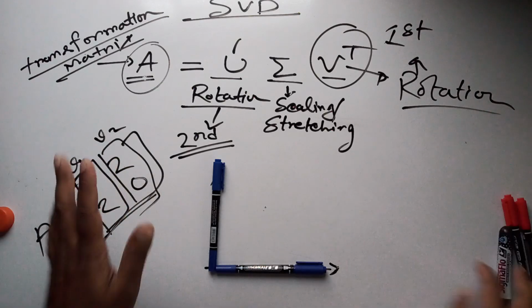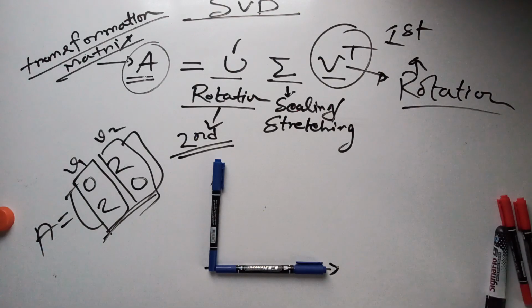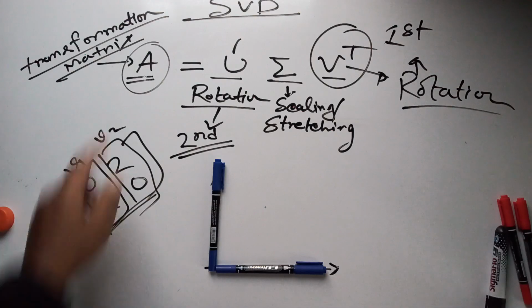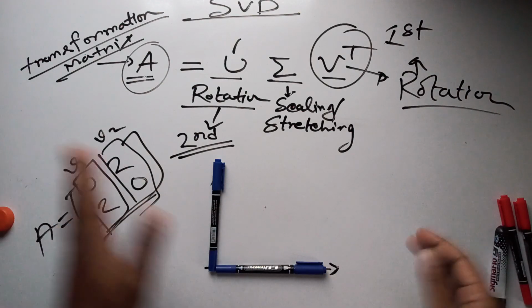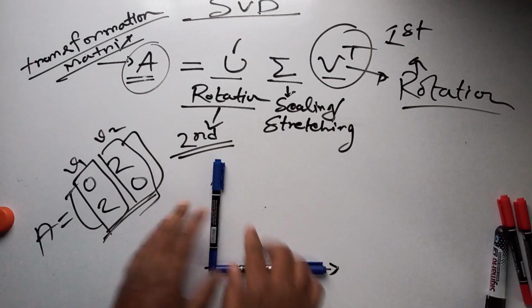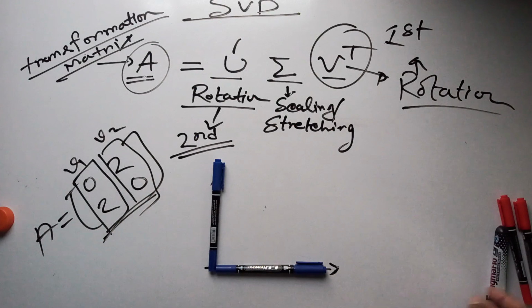So what will happen? As I mentioned, this is the first rotation, but before that I mentioned to you the transformation matrix. It transforms something into a different place. These two vectors create a matrix.